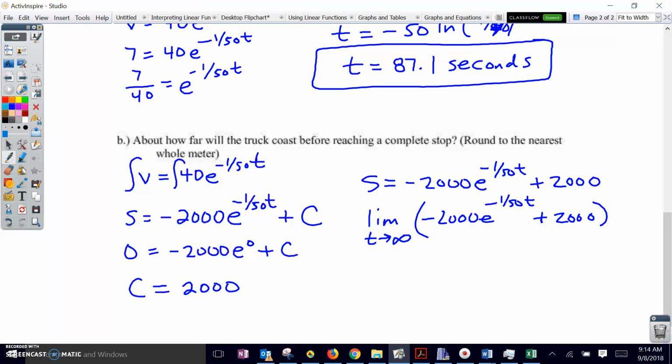It becomes an infinitely large negative value, and so this term approaches 0, and so we expect that this truck is going to coast 2,000 meters before it comes to a complete stop.